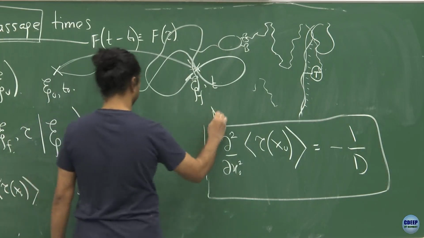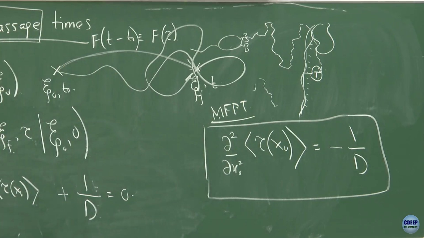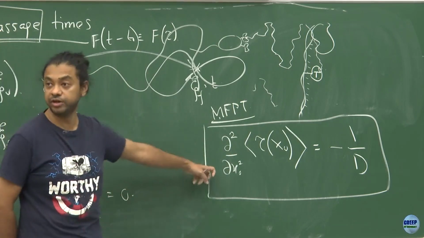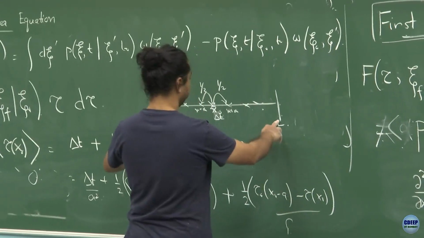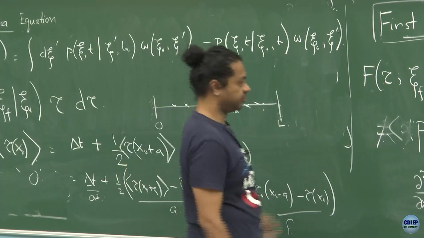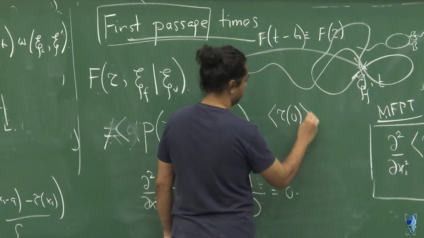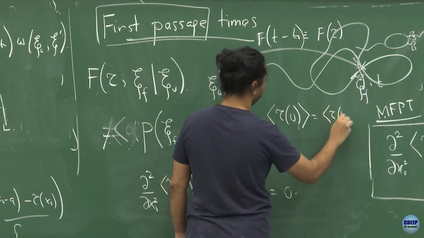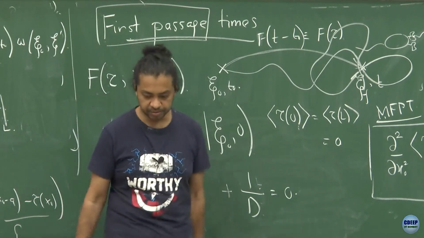So this is the mean first passage time, MFPT. Mostly people talk about MFPTs, the mean times, but you can of course look at higher orders as well. Now, to solve this, you need to put in the correct boundary conditions. What is the boundary condition that you want to solve? For example, if it's either of these boundaries, 0 and L, and both of these boundaries are absorbing, which means that if you started off from 0 or if you started off from L, then your mean times would of course be 0, if you're starting off from the absorbing site.